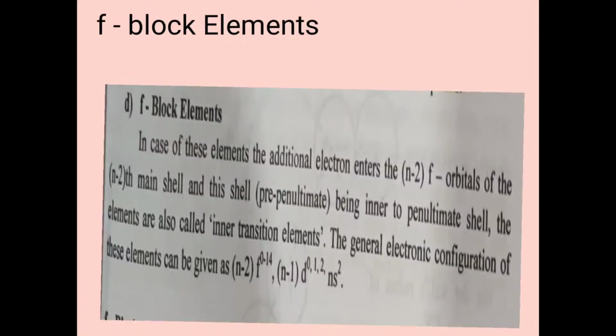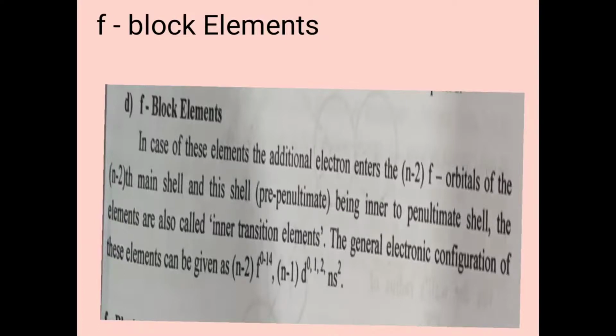Now let us learn about the F block elements. In case of these elements, the additional electron enters the (n-2) F orbitals of the main shell, and this shell being inner to the penultimate shell, the elements are also called inner transition elements.